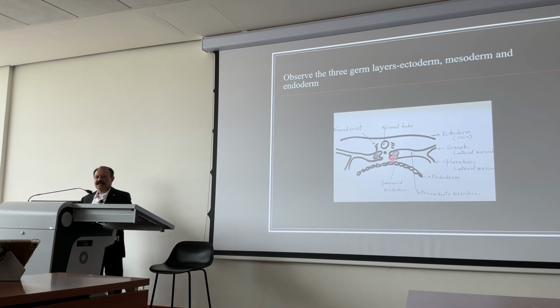Somites are the places like a ball-shaped structure, which has 3 different parts. Somites are present inside the paraxial mesoderm. It has 3 distinct parts.